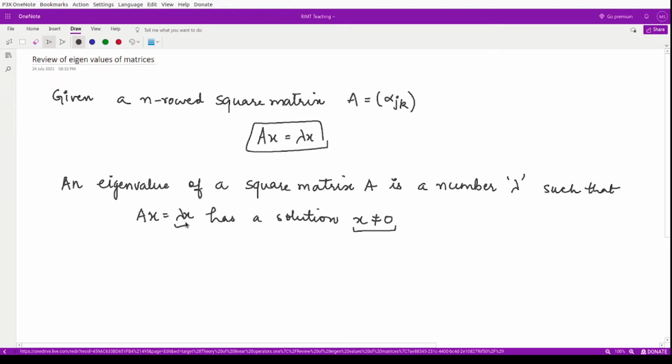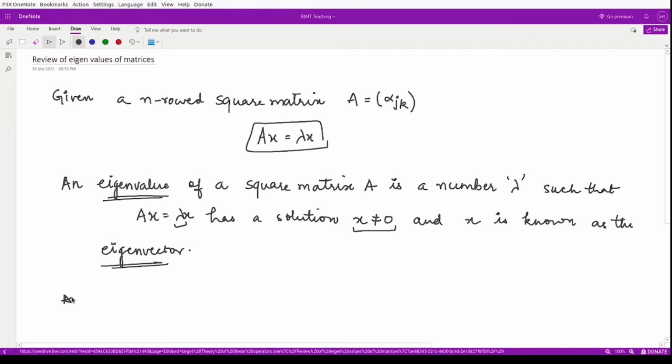Then this number lambda is known as the eigenvalue, and this x is known as the eigenvector corresponding to the same eigenvalue lambda of A.